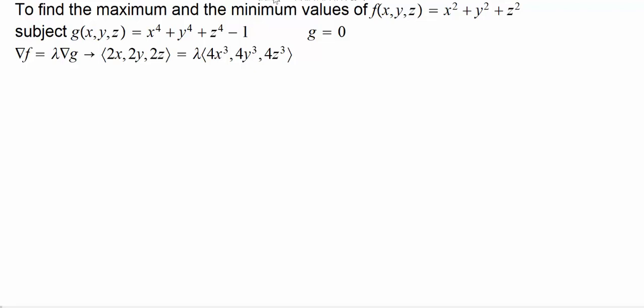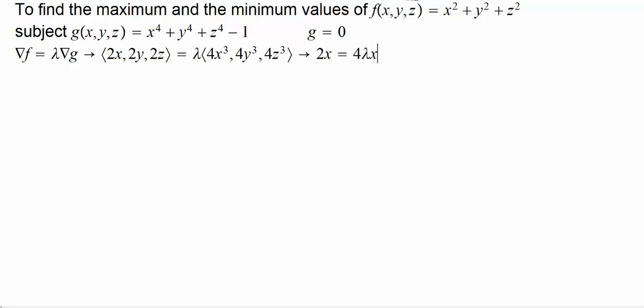What is that going to produce for us? When we compare the components, we have 2x equals 4 lambda times x cubed.